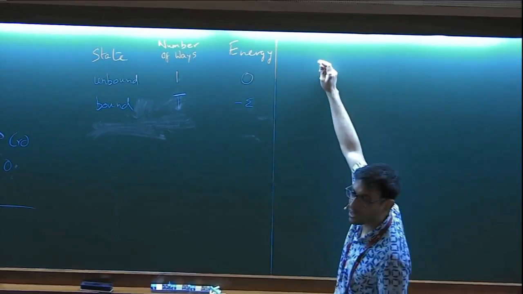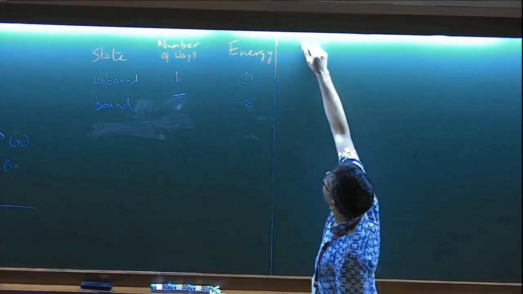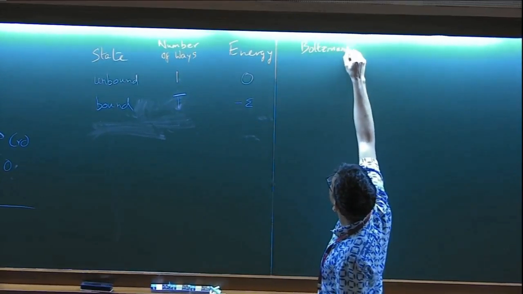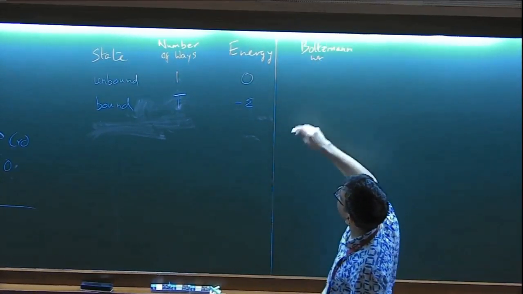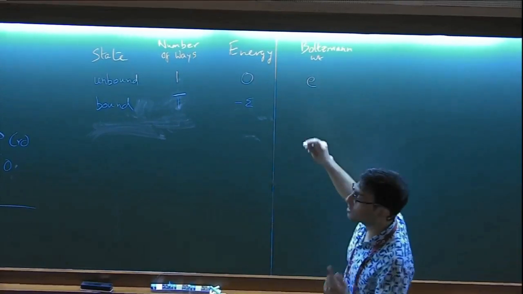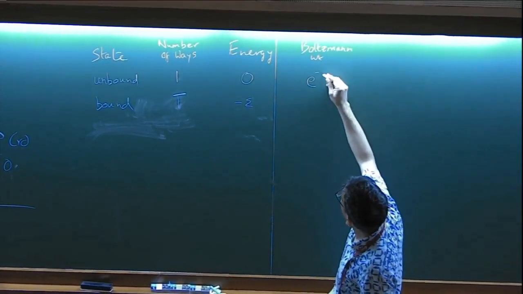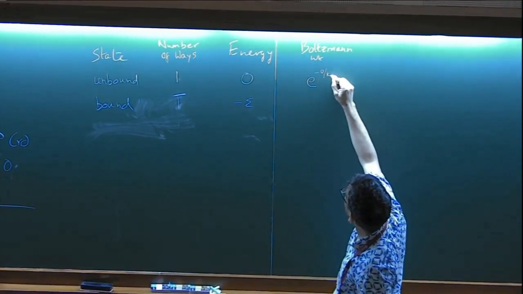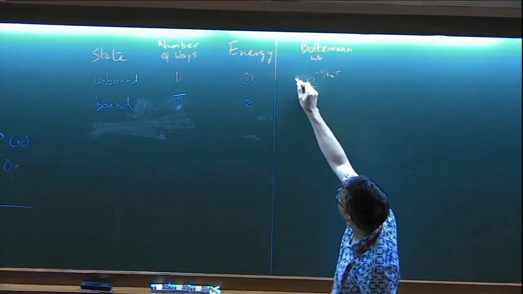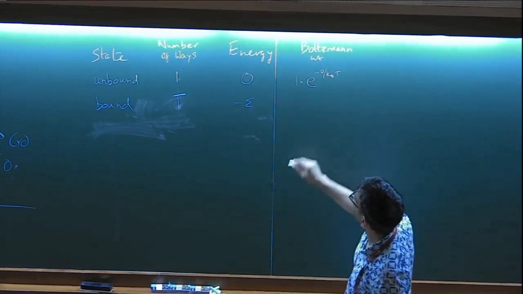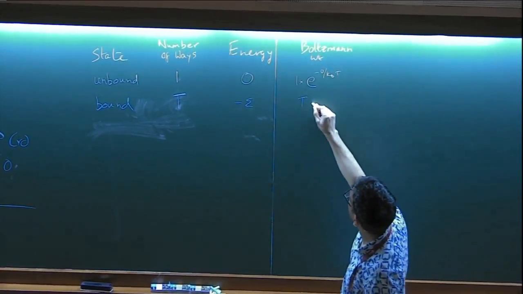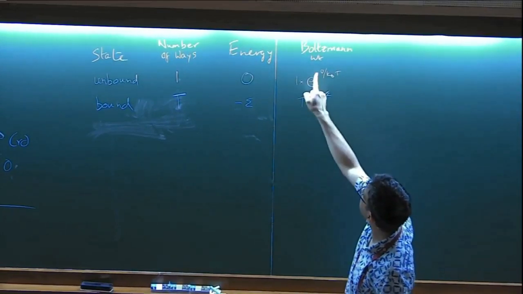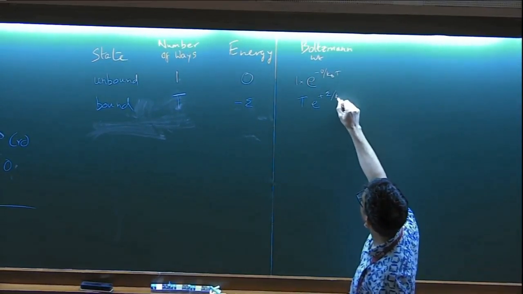Okay, now we come to Boltzmann. So the Boltzmann weight is, as Olivier said, e to the minus the energy, so that's 0, over kBT, multiplied by the number of ways, that's just 1. And over here, it will be T e to the minus minus epsilon, because a minus sign came there, so T e to the plus epsilon, divided by kBT.